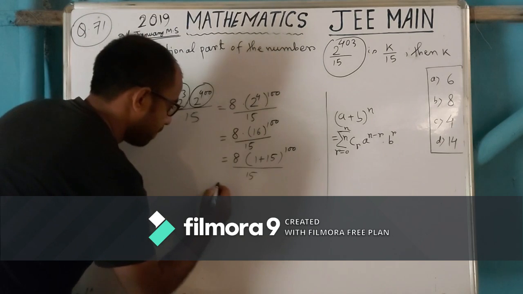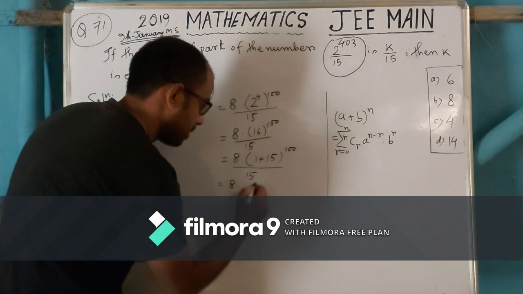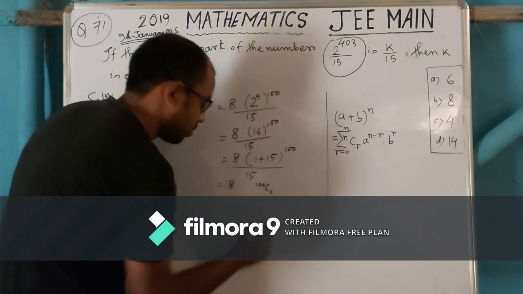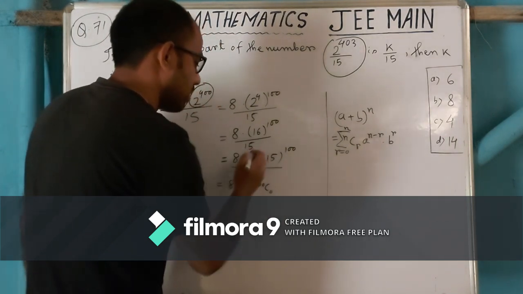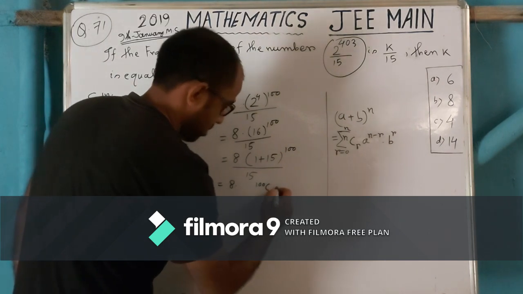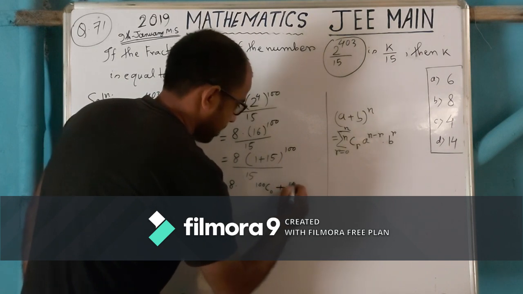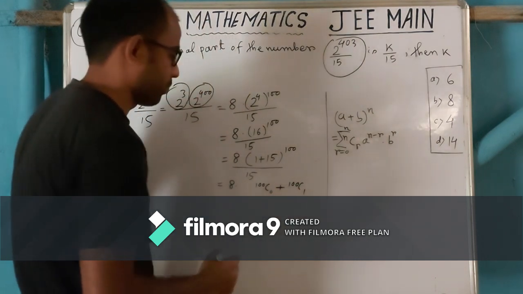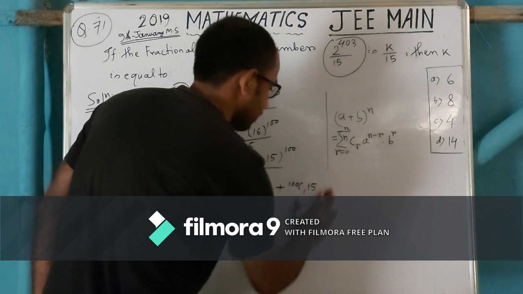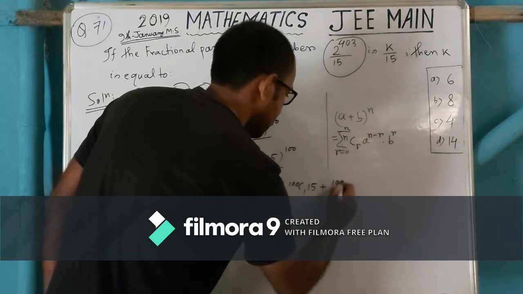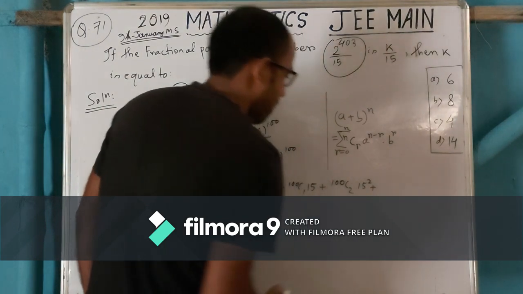We can write 8 into 100C0 into 1 to the power 100, that is 1, plus 100C1 into 15, plus 100C2 into 15 squared, and so on.